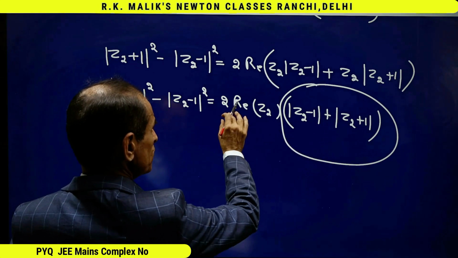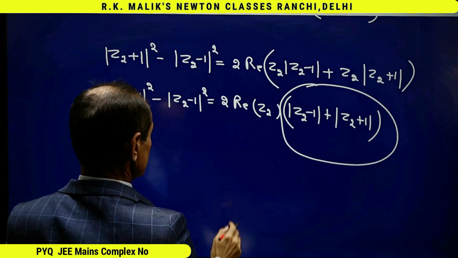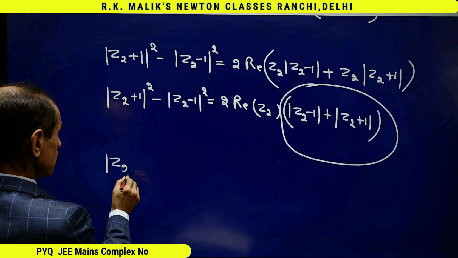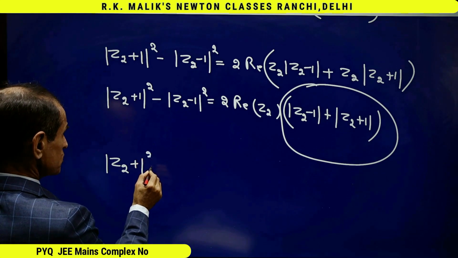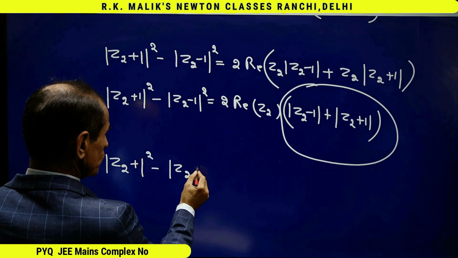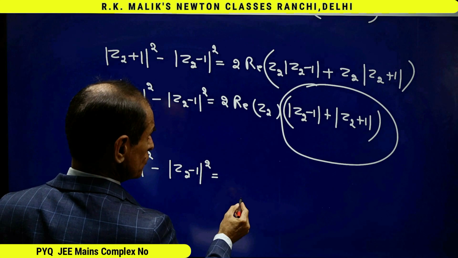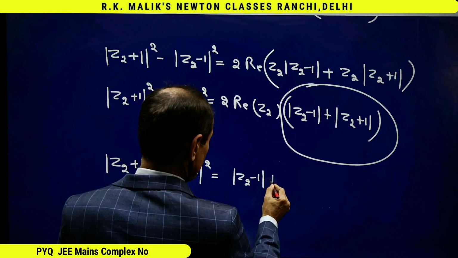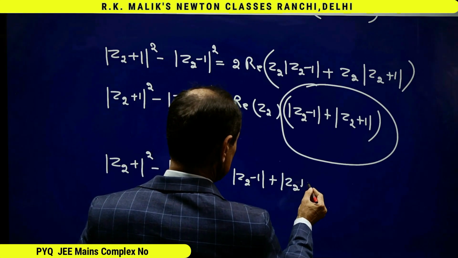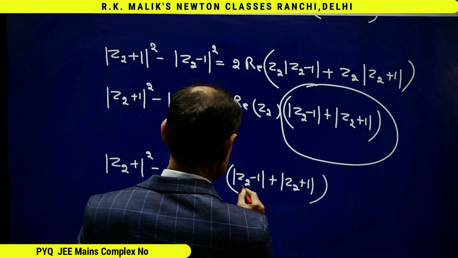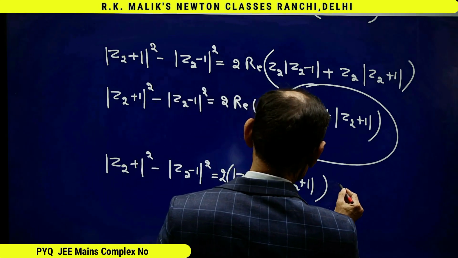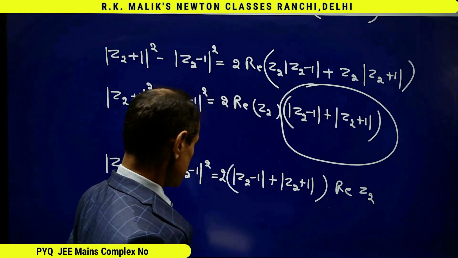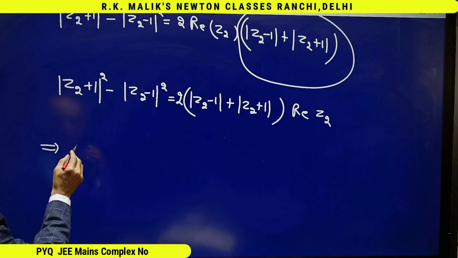Therefore, this can come easily outside. You will get mod of Z2 plus 1 whole square minus mod of Z2 minus 1 whole square equal to mod of Z2 minus 1 plus mod of Z2 plus 1, and this into real part of Z2.